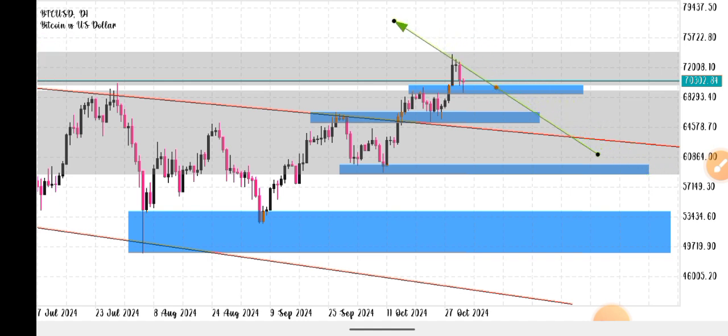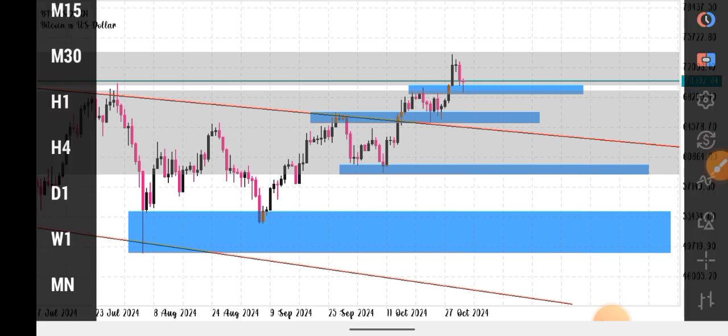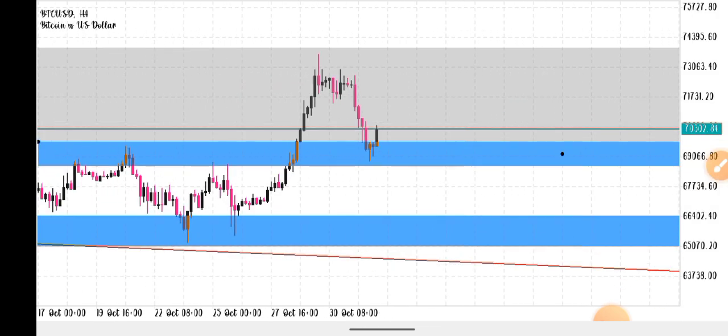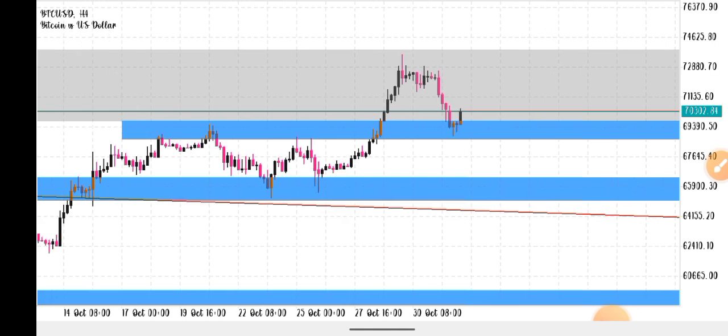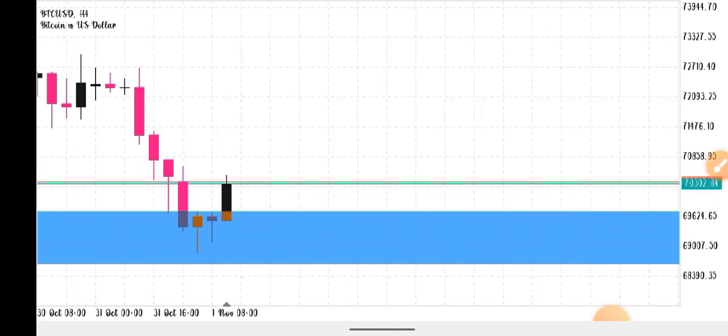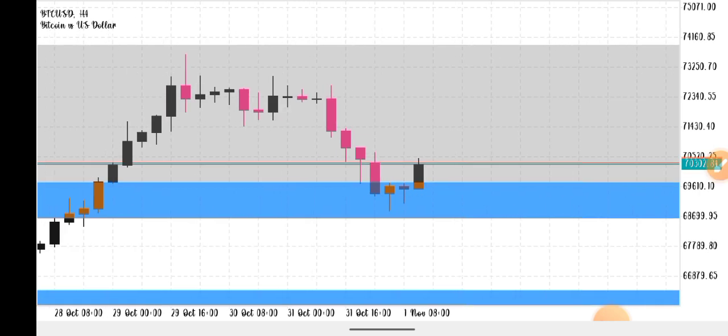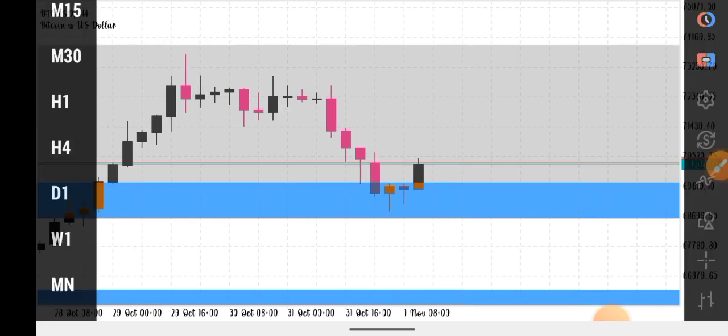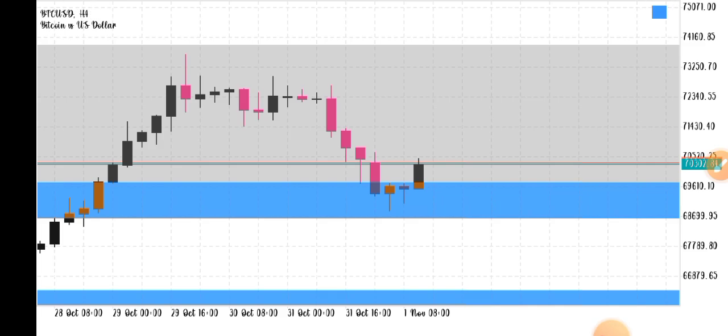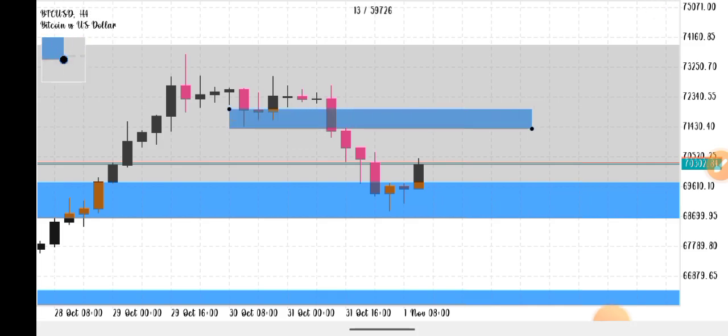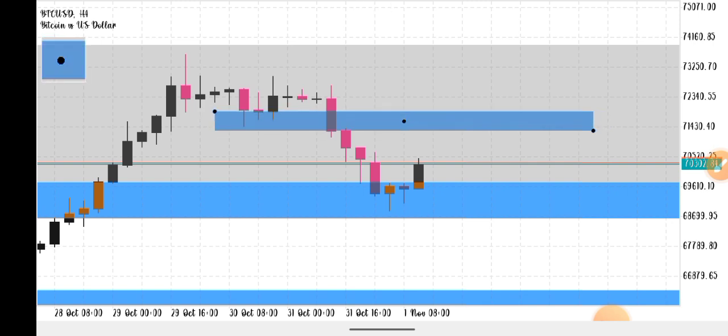So on the 4-hour, guys, BTC might come all the way to this place, which is this zone. From everything I'm seeing here, it looks like BTC is going to be selling, right?